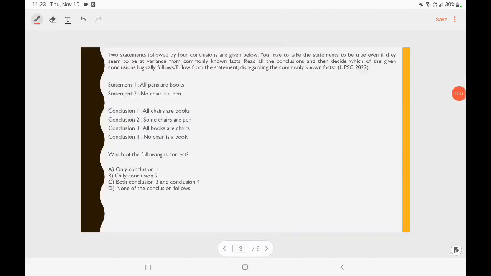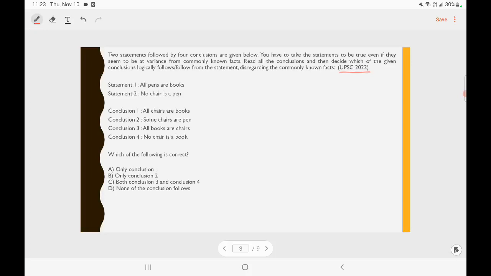This is a question from UPSC 2022. Two statements followed by 4 conclusions are given below. You have to take the statements to be true, even if they seem to be at variance from the commonly known facts. UPSC will give a statement like this at the beginning of all the syllogism questions. This is because in syllogism questions you will be given statements like all cats are dogs, some dogs are cows.